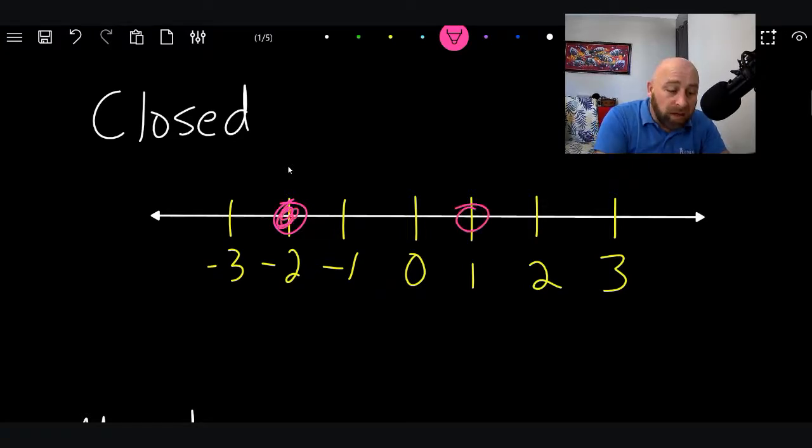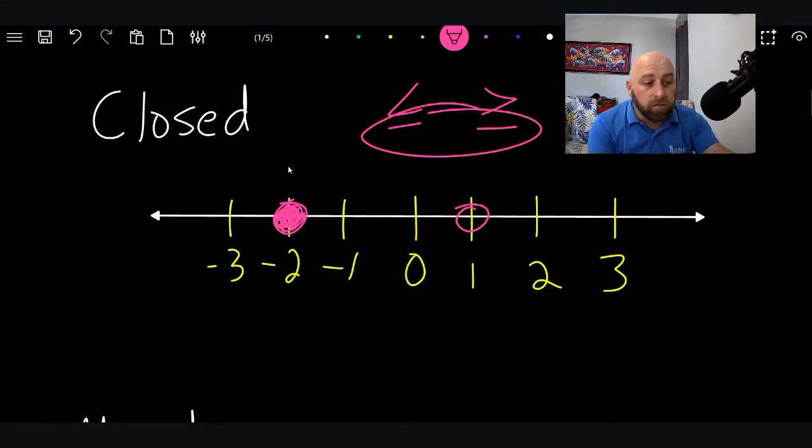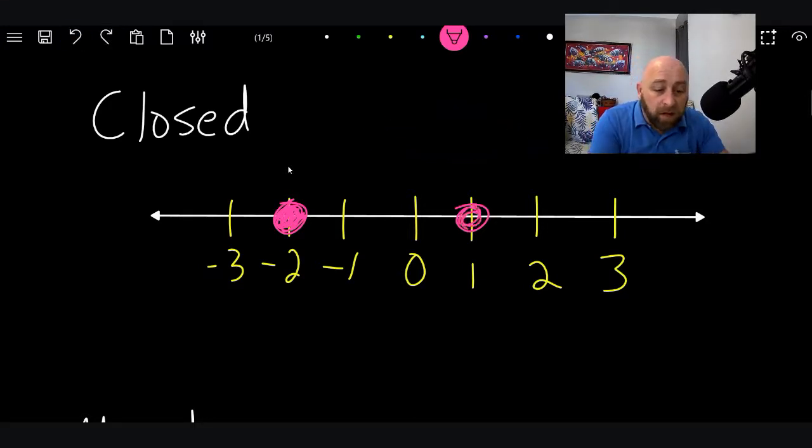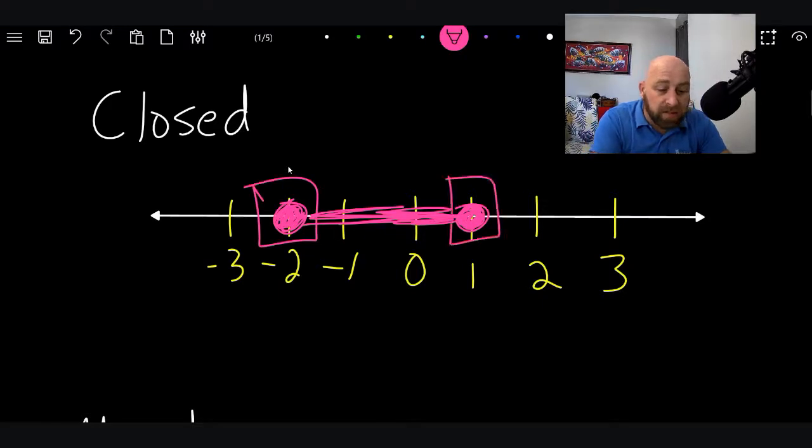Well, when we color these in, it means that we have one of these signs that is also equal to. So we color it in, and we color in both of them. Now our interval is in between. This one is called closed. Why is it closed? Because these are closed off. Those are colored in, okay?